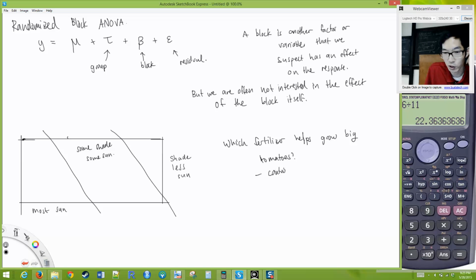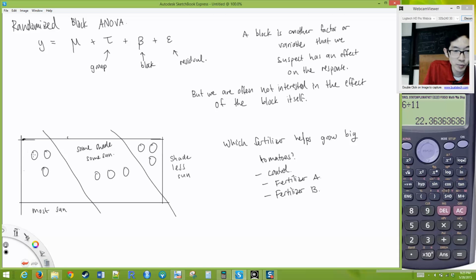Now, what you do not want to do is put all of fertilizer A here, all of fertilizer B here, and the control group over here.